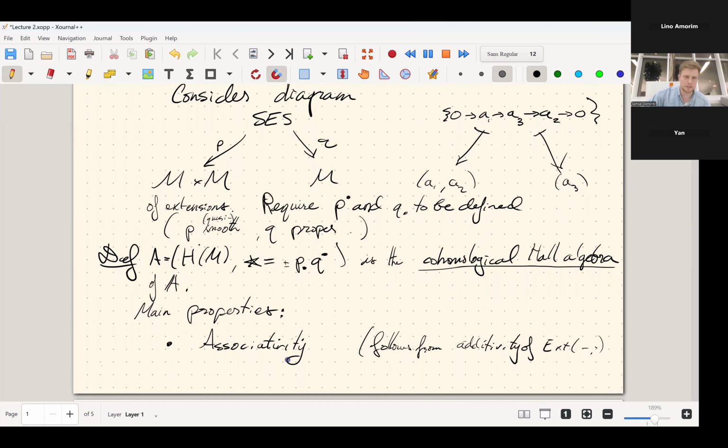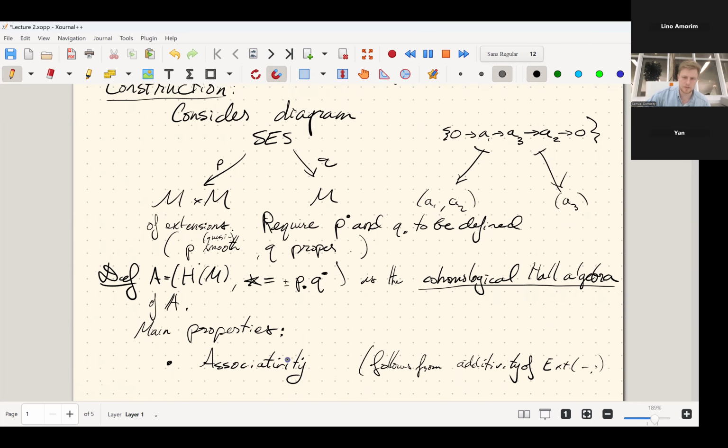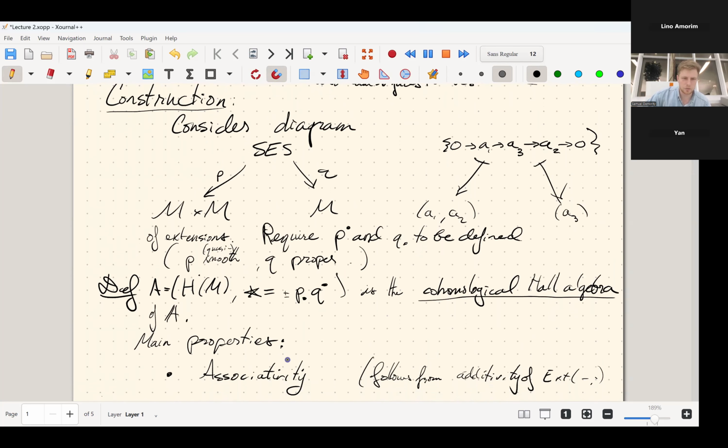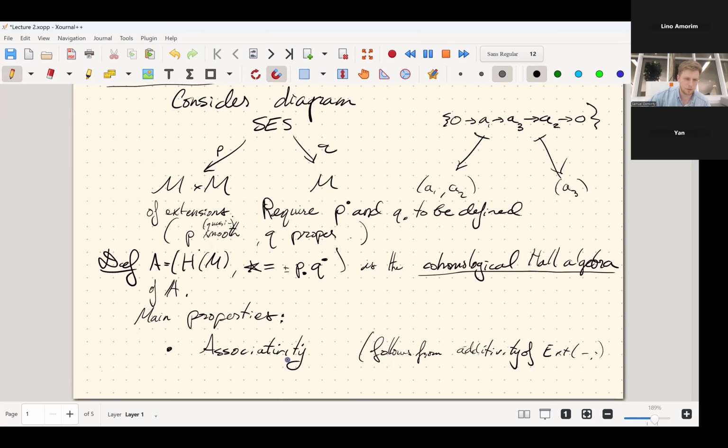In particular, in the example that we're focusing on, representations of a quiver with no potential, the map P is a smooth map, and cohomological pullback is always defined. The map Q is proper. It's actually smooth and proper.